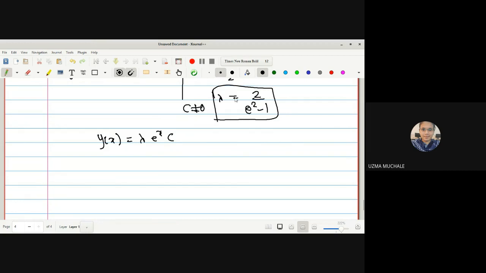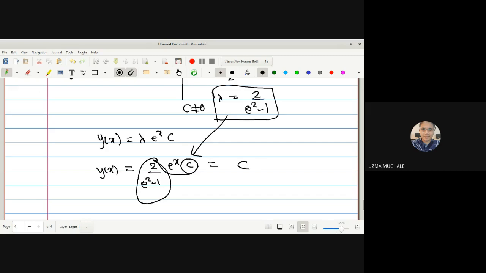Here we have the cases: c equal to 0, y of x is 0. If c is non-zero, the value of lambda we got was 2 upon e square minus 1, into e raised to x. Hence we get this solution corresponding to this lambda, and 2 into c upon e square minus 1, all these are constant.